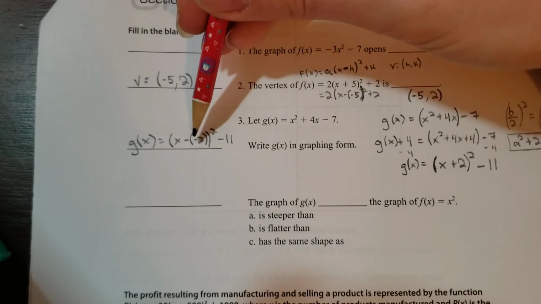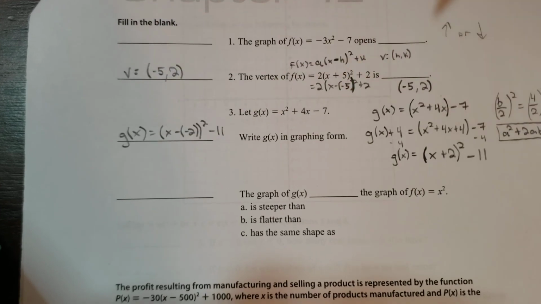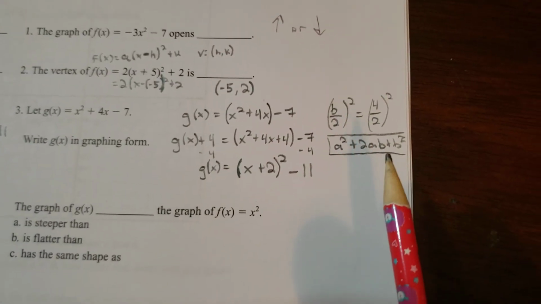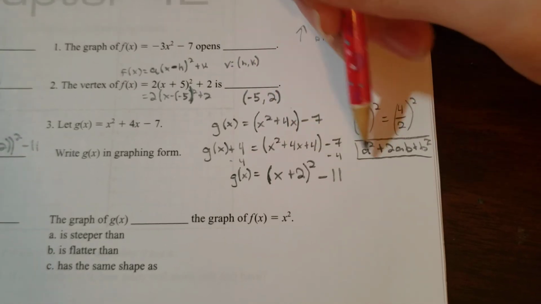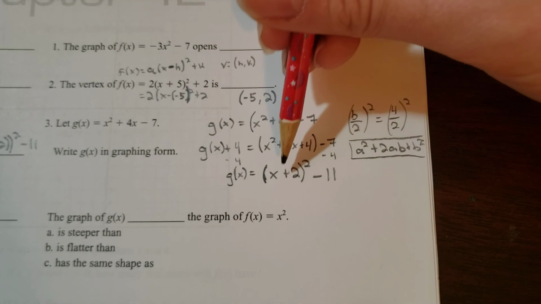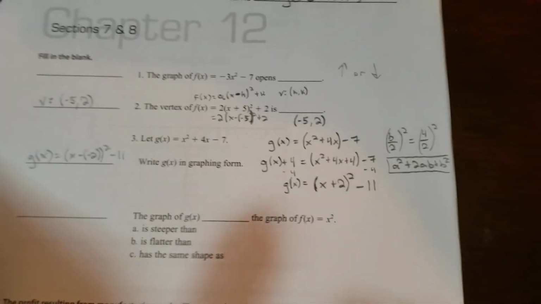This is just going to make it a little bit easier for me when finding the vertex. So I'm just doing that as practice, getting in the habit of it. Again, know your patterns. So this pattern I applied here to get this factor.